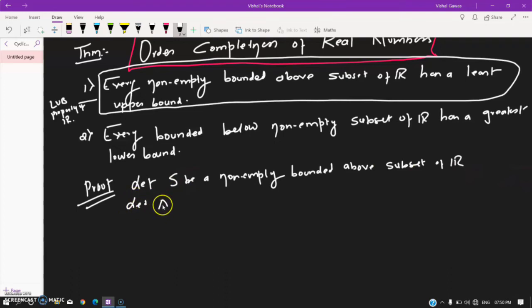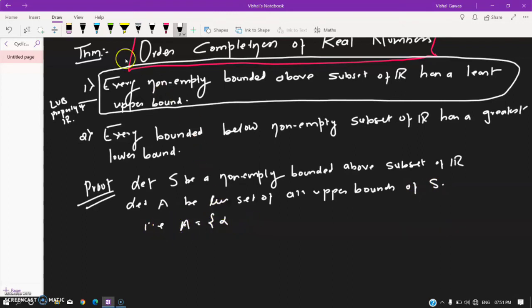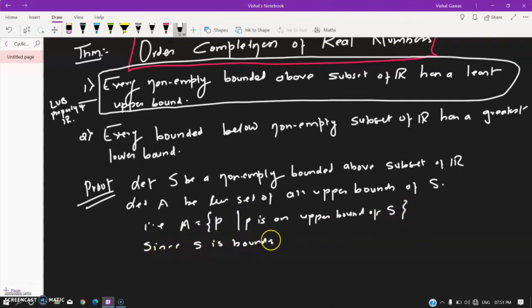So let A be the set of all p's such that p is an upper bound of S. Since S is bounded above, I can have one upper bound.